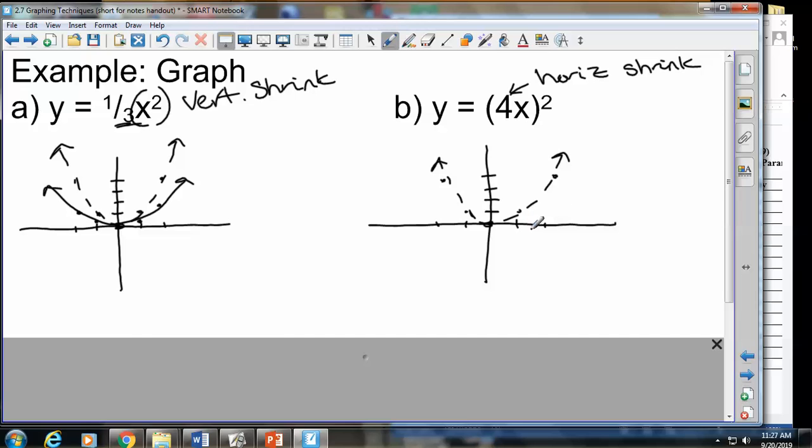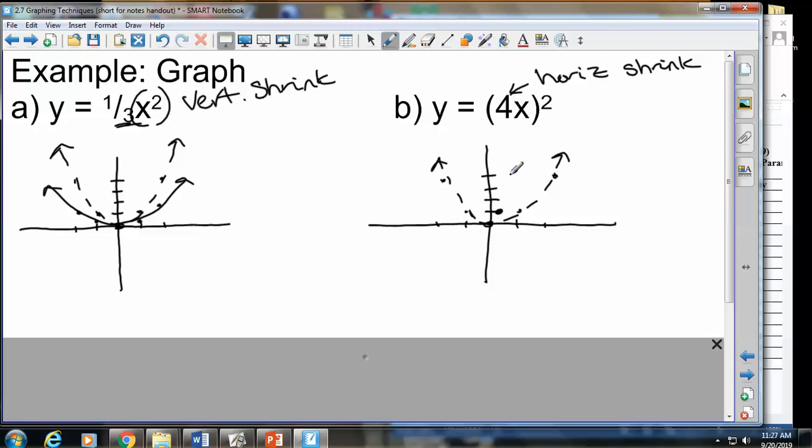So horizontal changes your x, and does the opposite of what you think. So this is an x of 0. We would have to divide our x's by 4. 0 divided by 4 is still 0. This point has an x value of 1. 1 divided by 4 is 1/4.